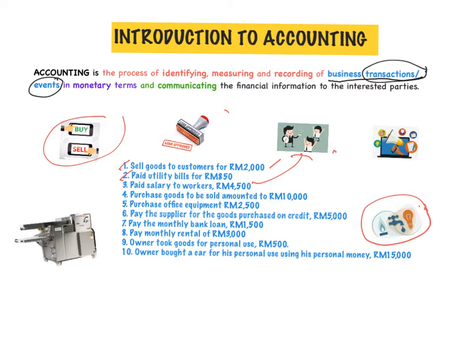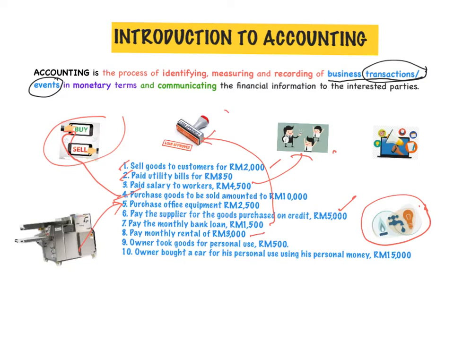You purchase goods to be sold. You purchase the office equipment that you need to use in your business, and then you pay the supplier. You pay the monthly bank loan for the loan that has been approved. You pay the monthly rental.